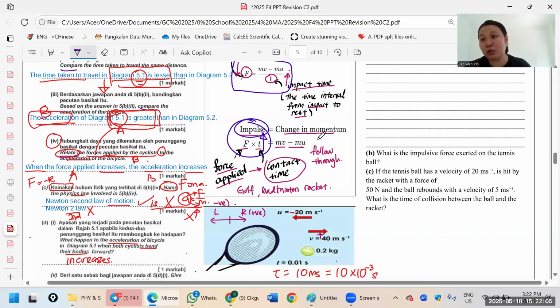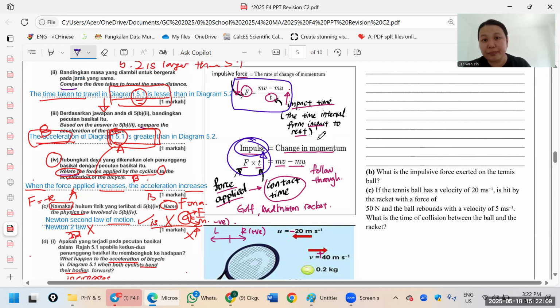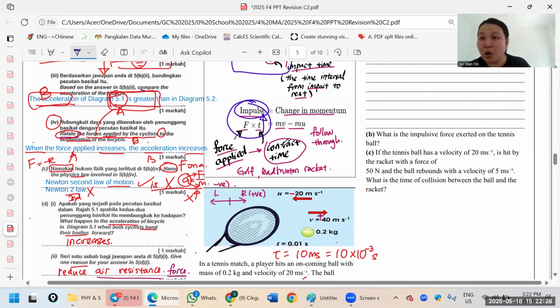Yeah, these two concepts are very confusing, right? Impulsive force and impulse. So for impulsive force, yes, we want short time. But for impulse, for swinging a racket or whatever, we want more contact time so that we can apply more force.